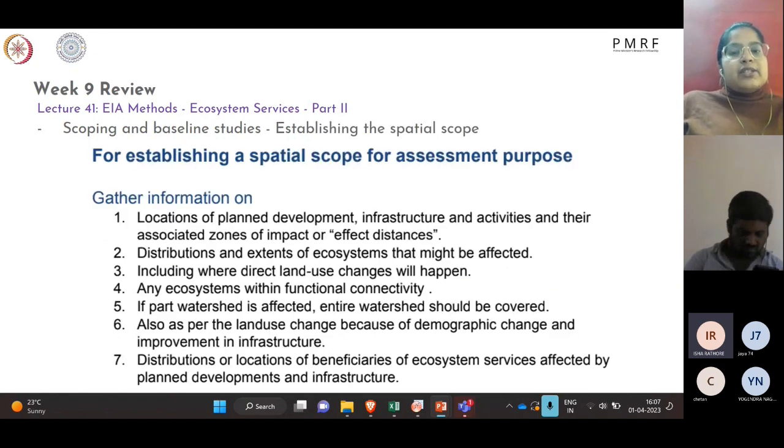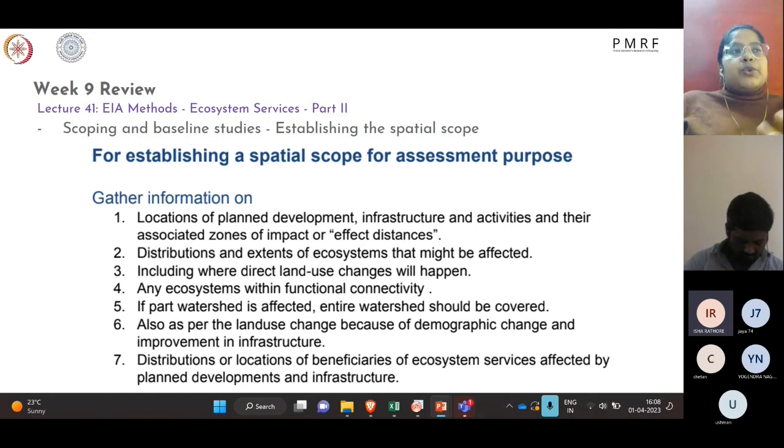So, for establishing a spatial scope for assessment purposes, you need to gather information on the locations of the plant, development, infrastructure, and activities, and the associated zones of impact or effect distances. So these are areas. Of course, you have a site plan and you are making certain changes to the site, and then you need to look at which zones or areas are affecting the ecosystem and or the ecosystem services and beneficiaries.